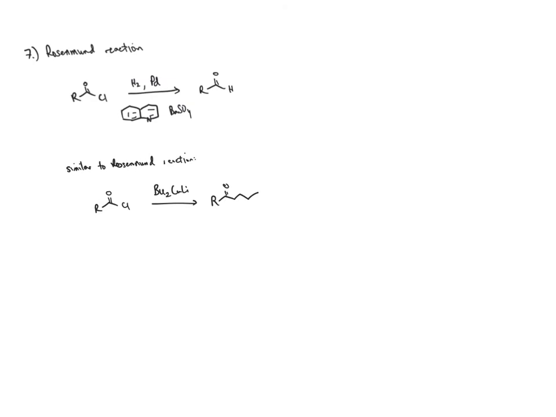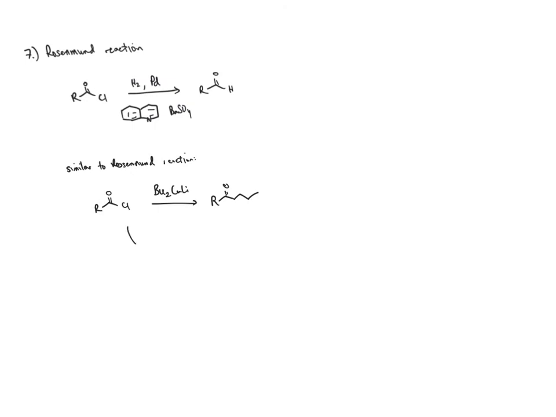The Rosenmund reaction generates the aldehyde, but cuprates generate ketones. Normally, if we were to take an organolithium reagent or a Grignard reagent with an acid chloride, we would add twice because it's a hard nucleophile, and you would generate the tertiary alcohol. Well, this doesn't happen here.